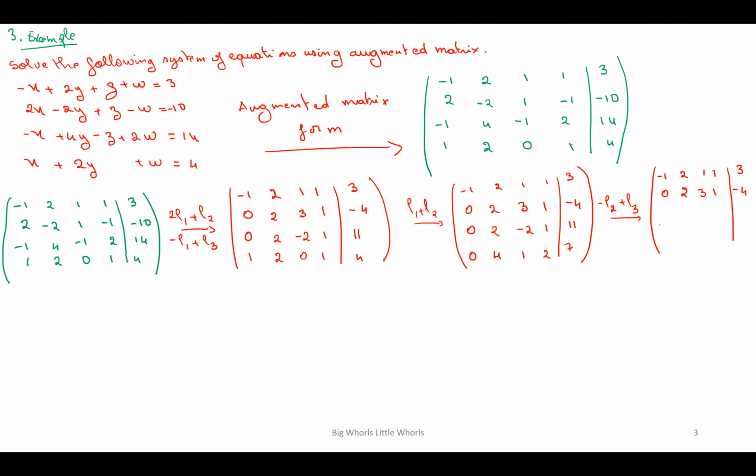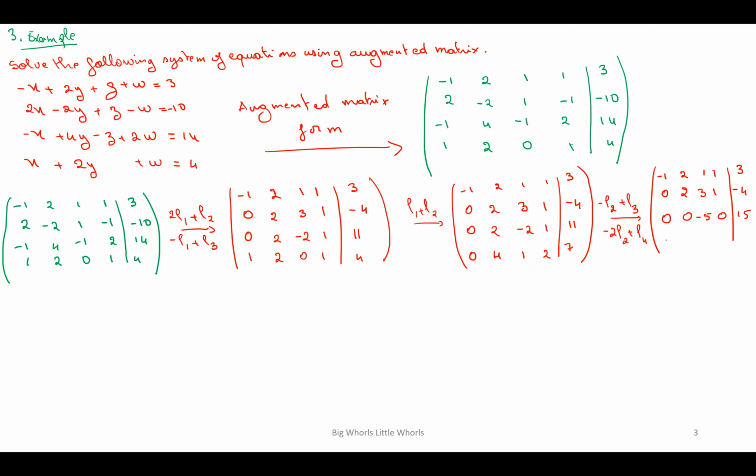I need to keep it, and then I have 0, so -2 plus 2 is 0, -3 minus 2 is -5, and 0, and 15.